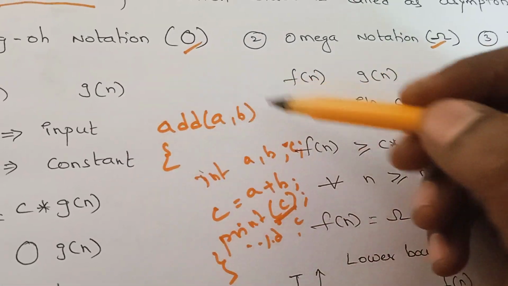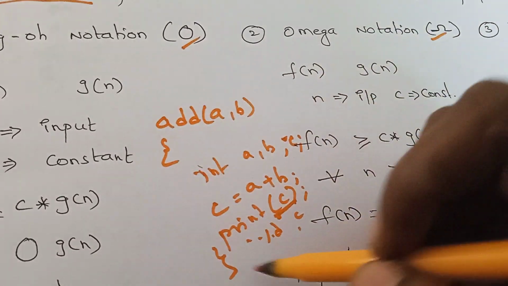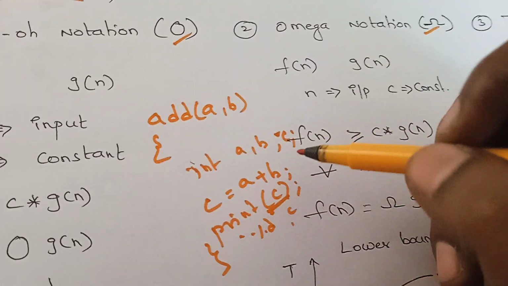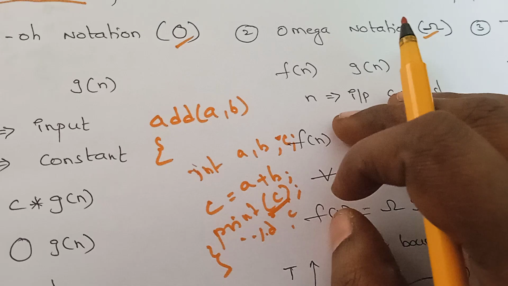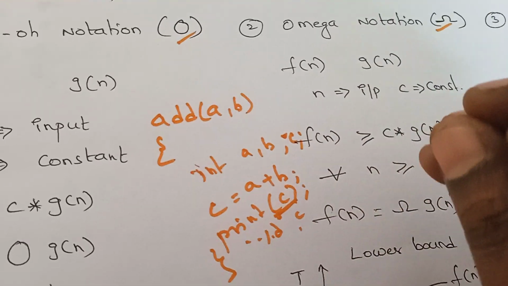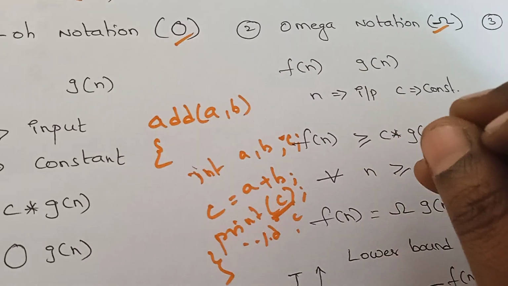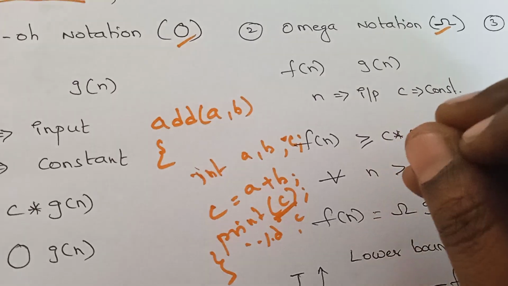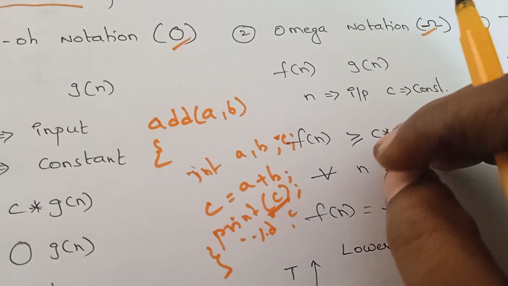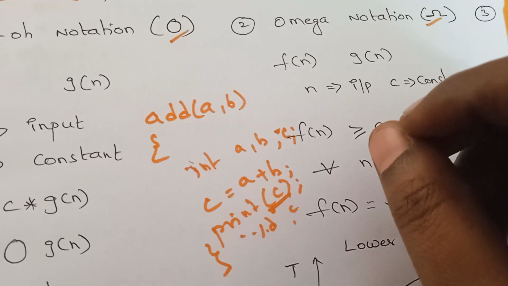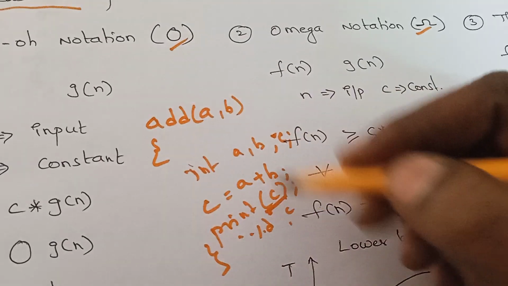Now assume this is f of n, this is my algorithm. g of n is the growth rate. The growth rate of the function depends upon the number of comparisons we take to execute this code.